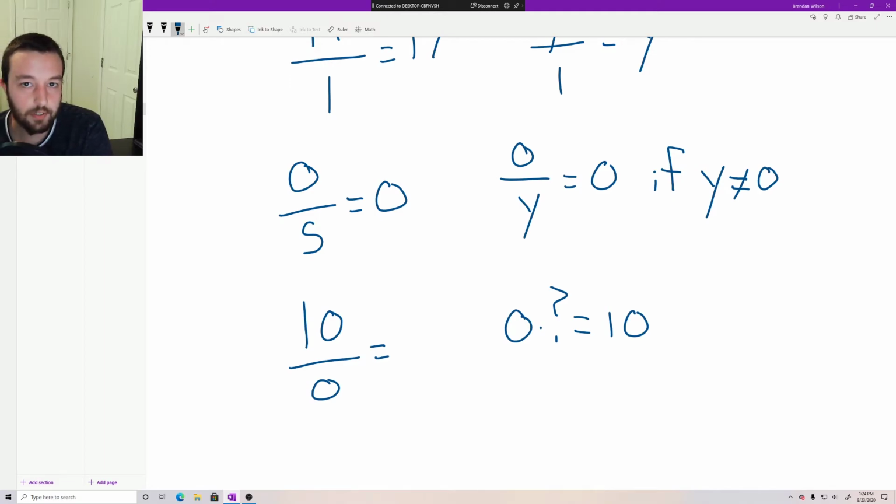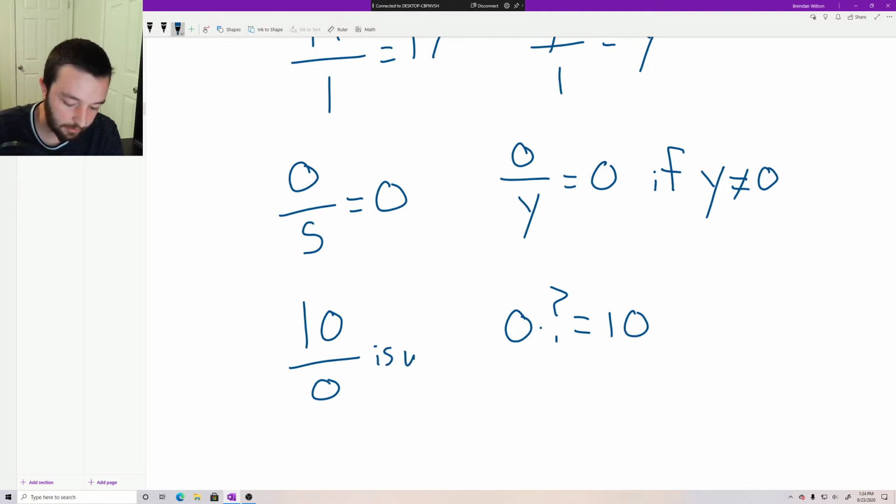But we know that 0 times anything has to be 0, so there's no answer here, right? There's nothing this could possibly be, because anything times 0 is just going to be 0. It's not going to be 10. Okay, so this is undefined.